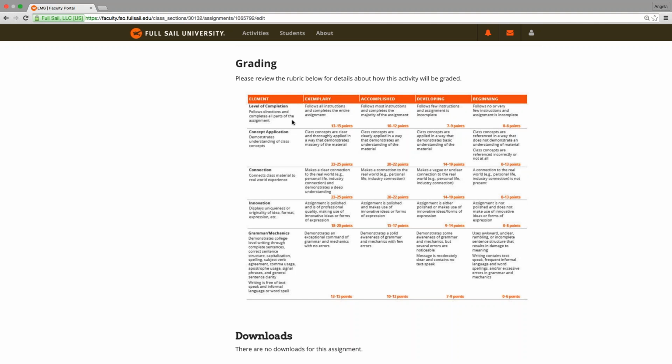Okay, so level of completion is pretty self-explanatory, but it's worth 15 points. So you're always going to want to stay on this left side of the rubric under the category that says exemplary. Okay, that's your A area right there. So under exemplary, you'll get the full 15 points if you include everything in your assignment.